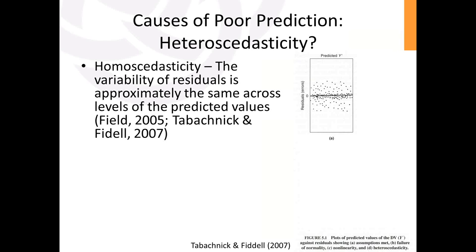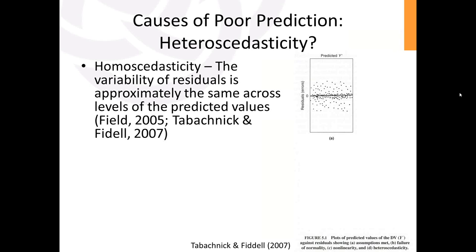So some criteria there. The next thing would be this notion of heteroscedasticity. Now, what we're doing here is we're coming back to the residuals. So let's start with a sort of textbook example of a lack of heteroscedasticity, which is homoscedasticity. The definition of homoscedasticity is that the variability of residuals is approximately the same across levels of the predicted values.